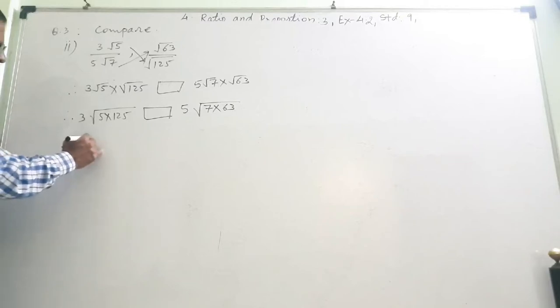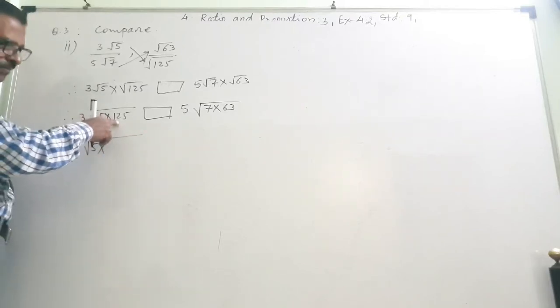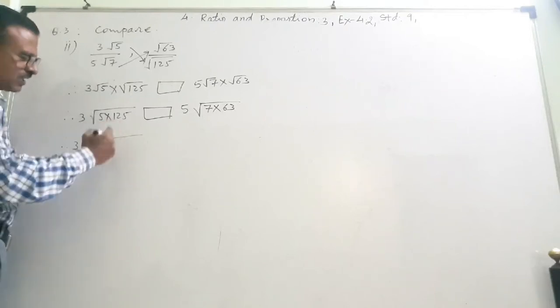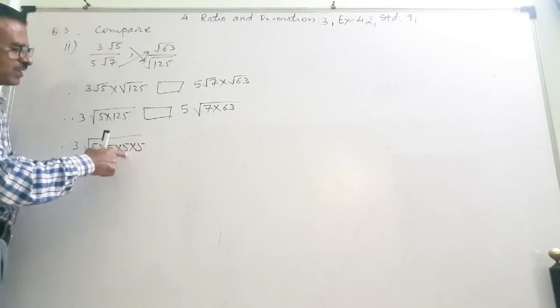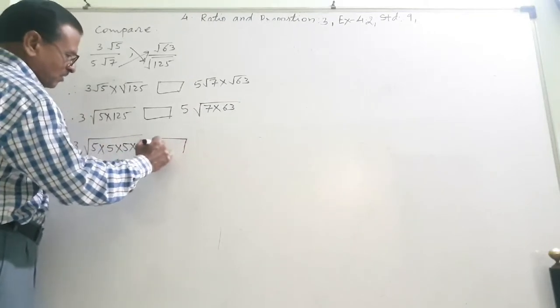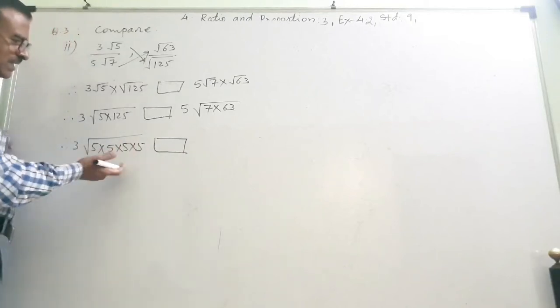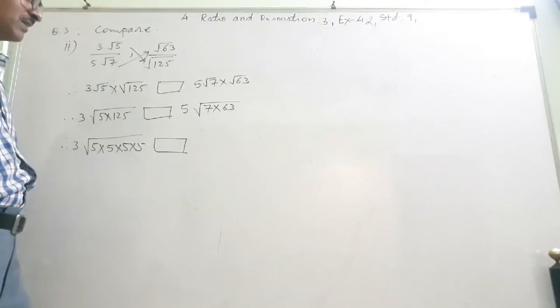Therefore 3 root of 5 into, the factors of this are 5, 5, 5. 5 5s are 25, 25 5s are 125. Box. Because everything is in the square root, here we cannot judge it.